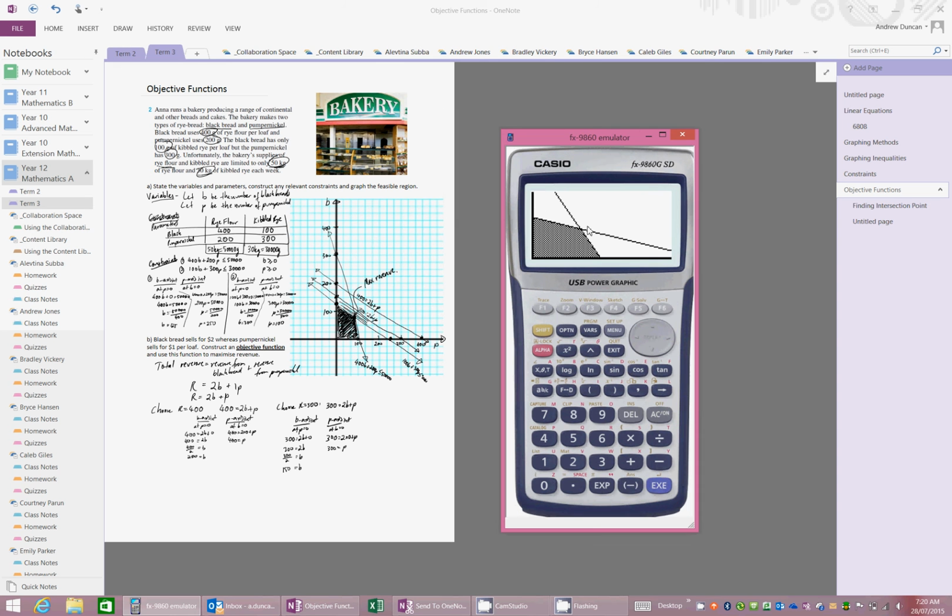And the graphics calculator is pretty cool, can graph heaps of stuff. So to find the intersection point, go to Shift, G-solve, and I want the intersection. So it'll tell me exactly where it is. So x equals 70 and y equals 90.